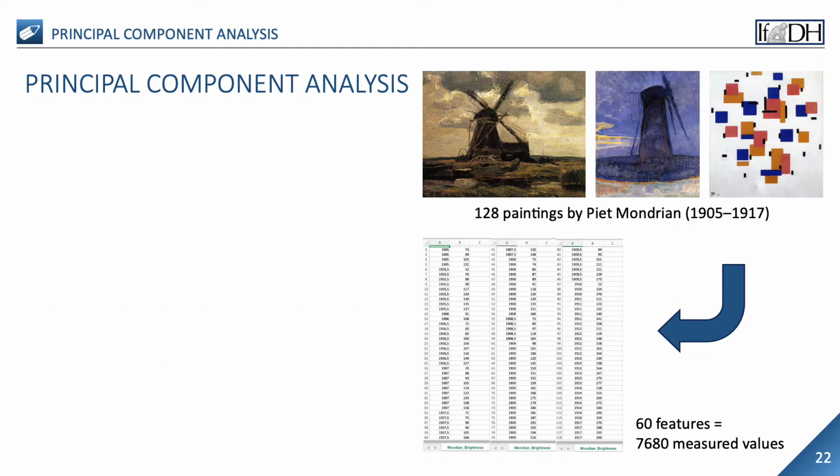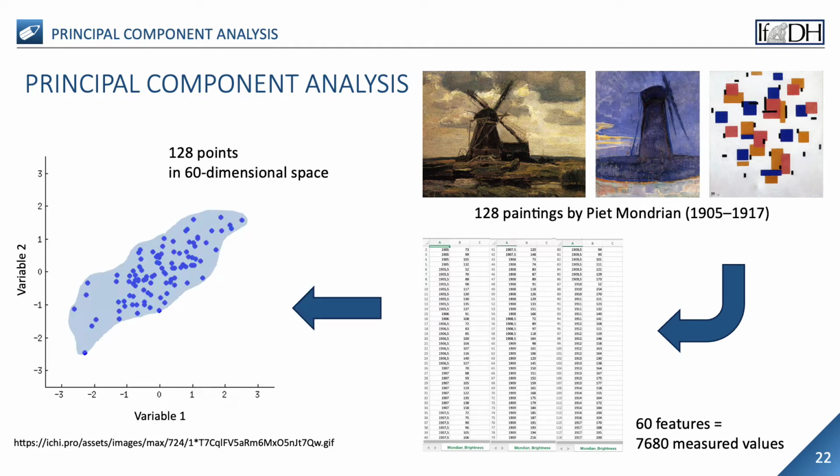Of course, the selection of characteristics determines the result. If, for example, half of the characteristics concern color properties, we should not be surprised if the paintings are grouped primarily according to their color.